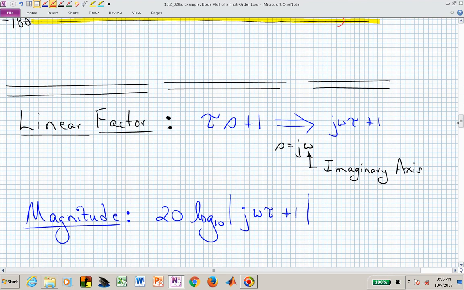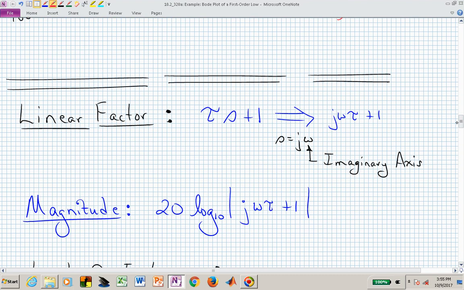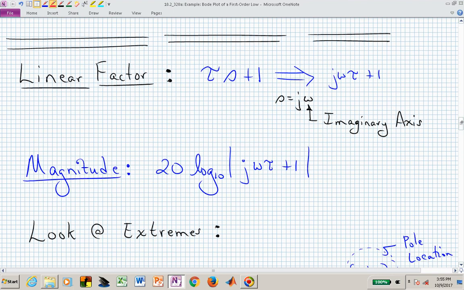We now want to see what happens to this factor in terms of its magnitude and phase as a function of frequency omega. Suppose we look at 20 log base 10 of the magnitude of j omega tau plus 1. And to do this, let's now look at some extremes. And here I like to invoke your memory of an earlier fable, and let's just think in terms of Goldilocks.